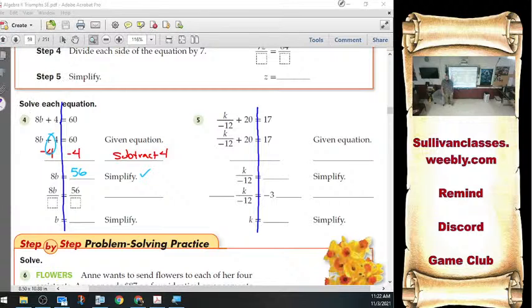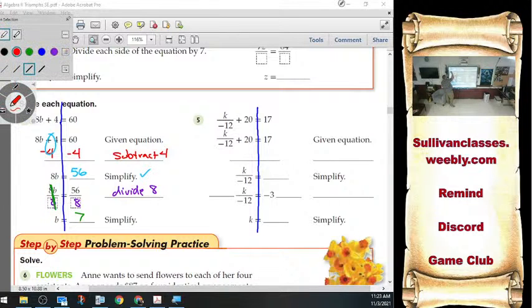Get them out of there. Divide. Make sure you write that. I divide by 8. And then 56 divided by 8, you said 7. Show this is 1.